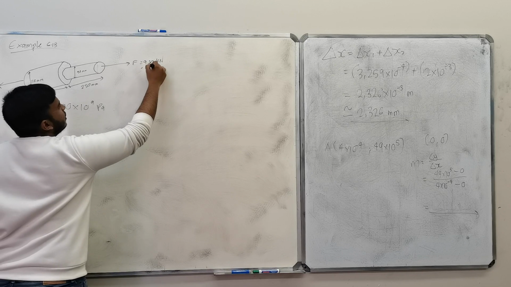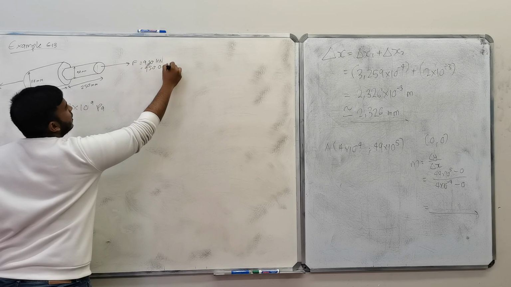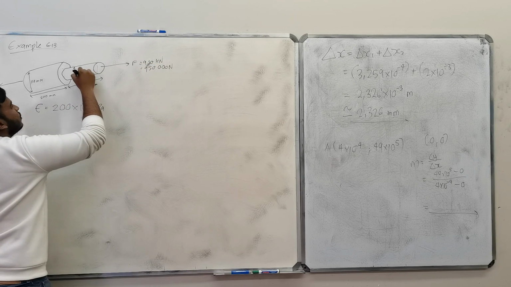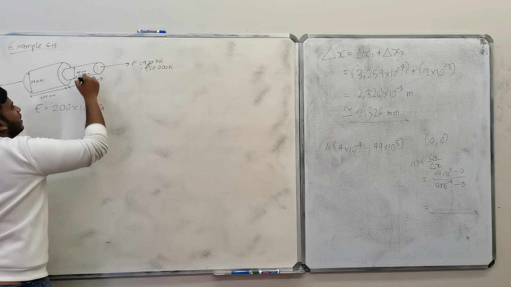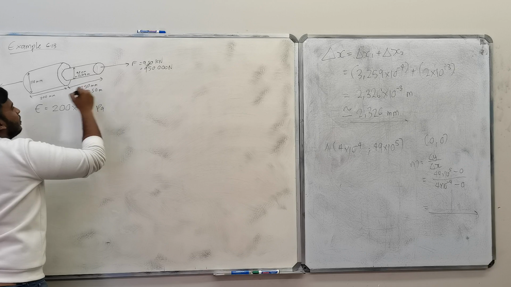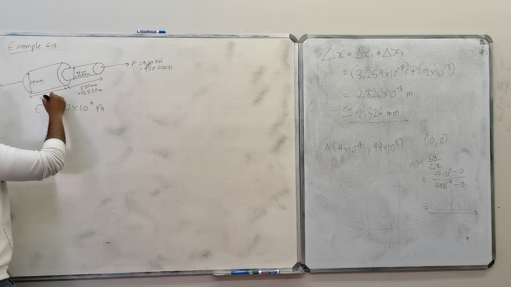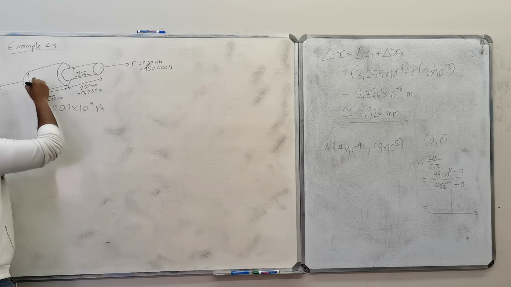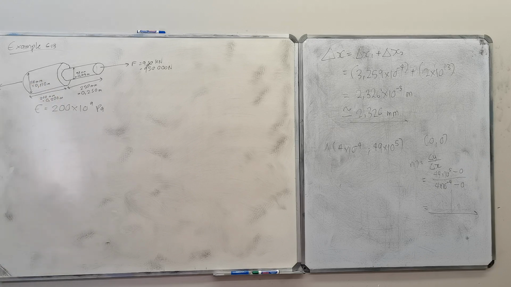The force is 950,000 newtons. The diameters are 0.09 meters and 0.11 meters, the lengths 0.250 meters and 0.200 meters. All my units are how I would use them in these formulas.